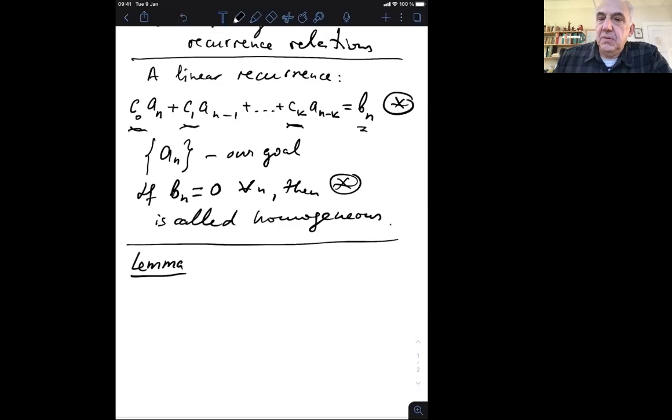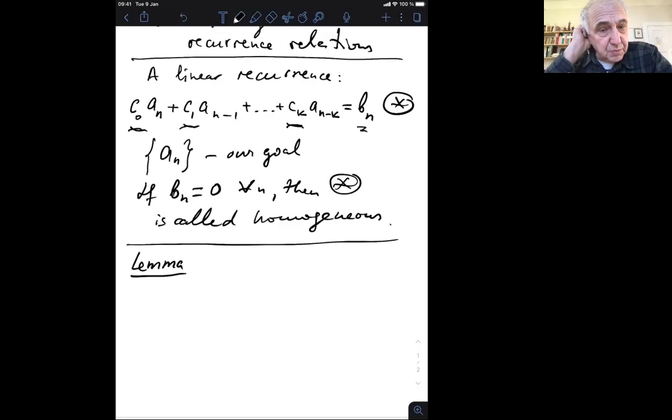One can show that a linear recurrence of order k has a family of solutions depending on parameters.